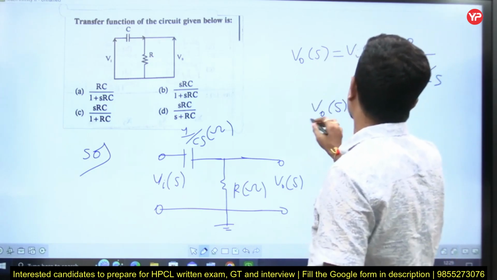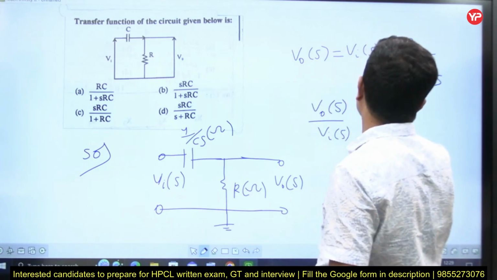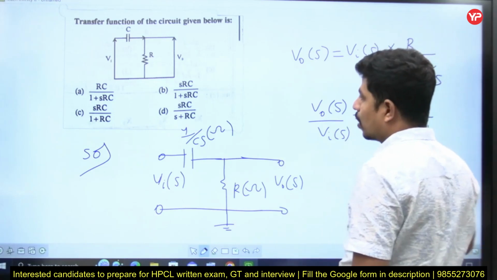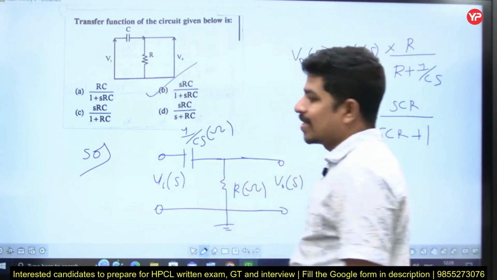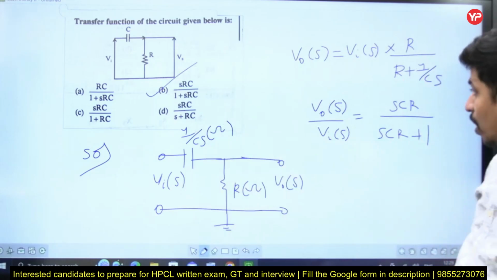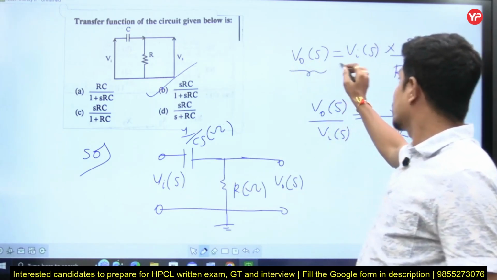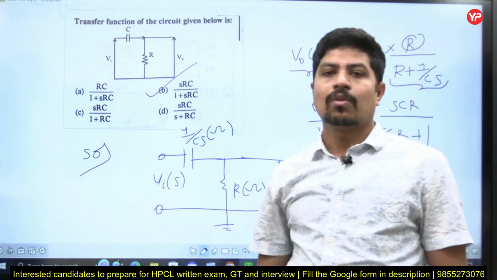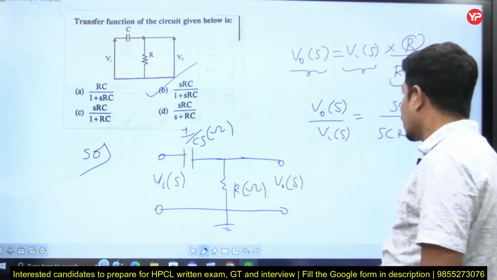So V0(s)/Vi(s) is equal to sCR/(sCR + 1), that is sRC/(1 + sRC). Voltage division applied, that's all. Let's go to the next question.